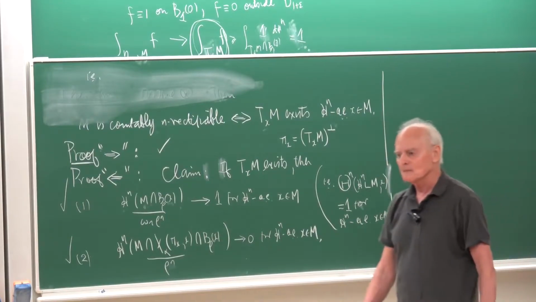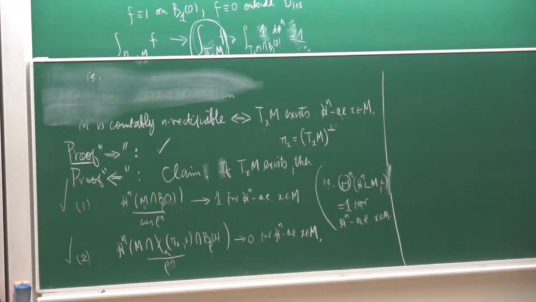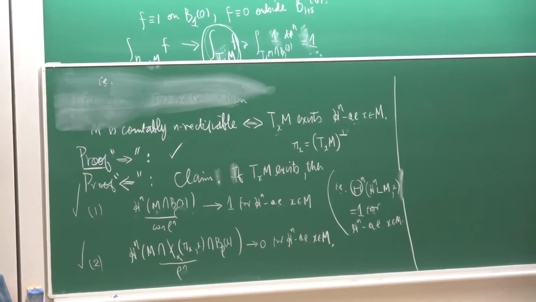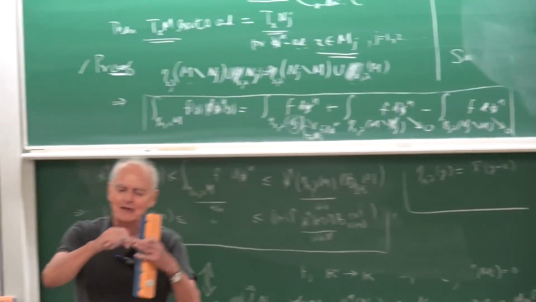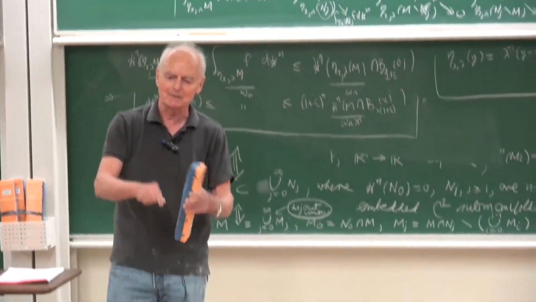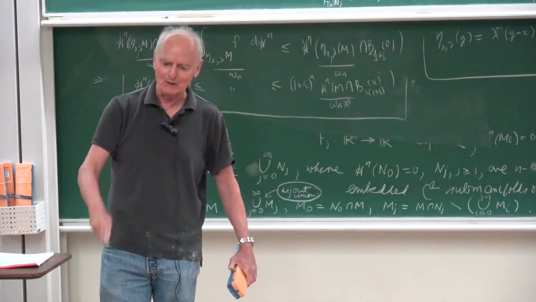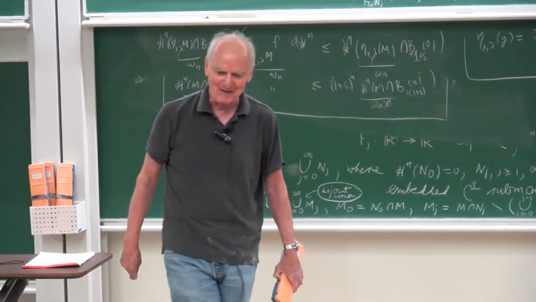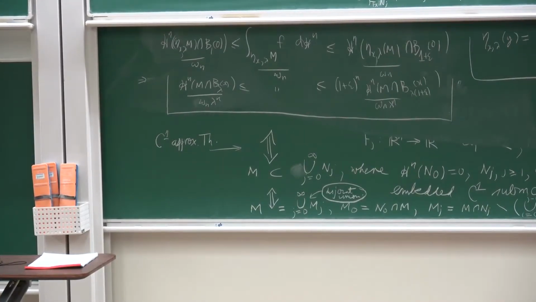So are these equivalent to the existence of the approximate tangent space? These two conditions? No, they're not. They're implied by it, but they do not imply it. Of course they don't imply it, because you might have some squelched up thing that just happens to have density 1 at the point, even though it's not getting close to a plane.